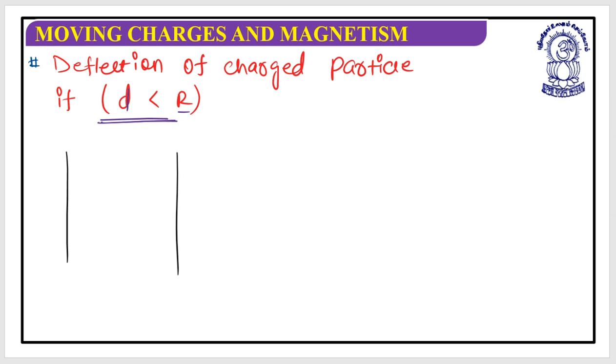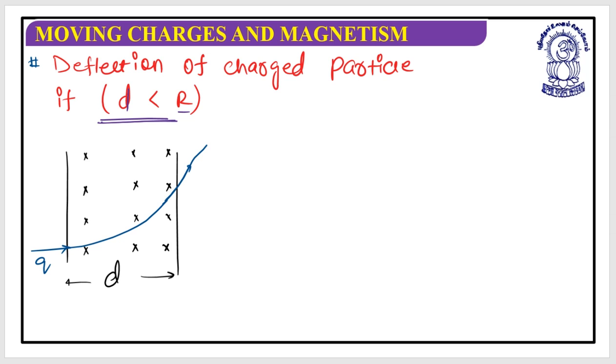But let's look at this. Let's suppose this is the separation D, and within this region a magnetic field has been arranged. Let's suppose a charged particle has entered through this, moving like this, and from here it is just leaving the magnetic field.